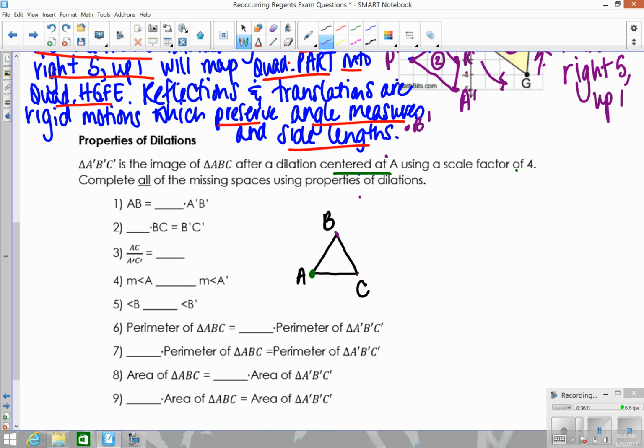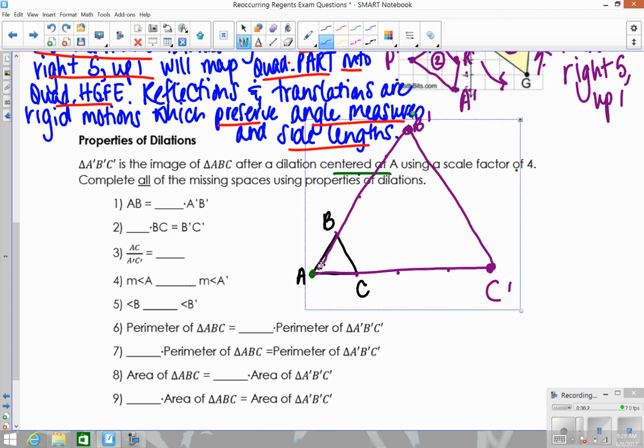And then C prime, you would measure that and you would go 1, then you would go 3 more. That would be C prime. And when you connected it, this triangle would be 4 times the size of the original. So I basically just went 3 more distances away, so it was 4 total from the center. So A prime would stay in place.